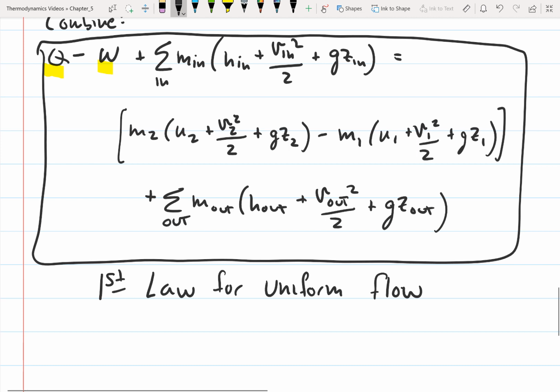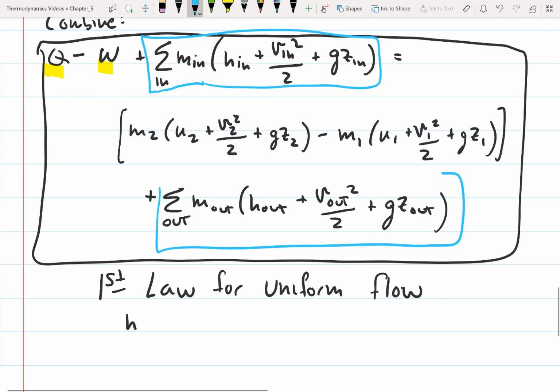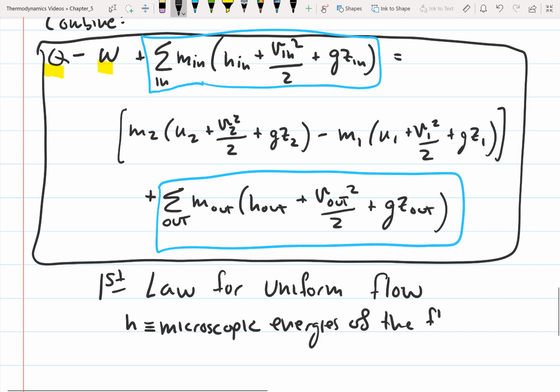We have terms with enthalpy, this term and this term, which relate to the microscopic energies of the flowing fluid.